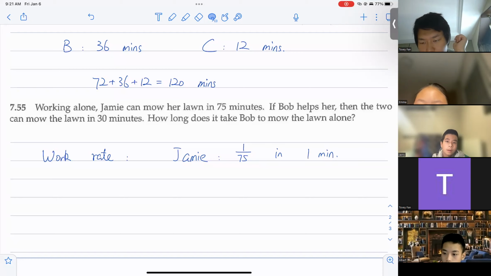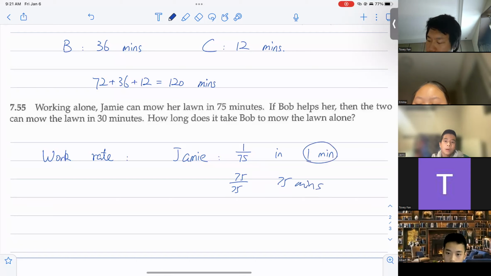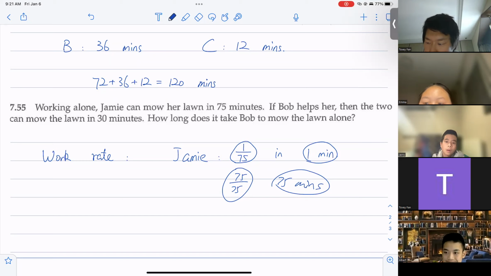In 2 minutes, it'll be 2/75. In 3 minutes, that's 3/75. And after 75 minutes, she can complete 75/75, because each minute she completes 1/75. That means she completes the job. Does that make sense? Jerry, does that make sense? Emma, does that make sense?